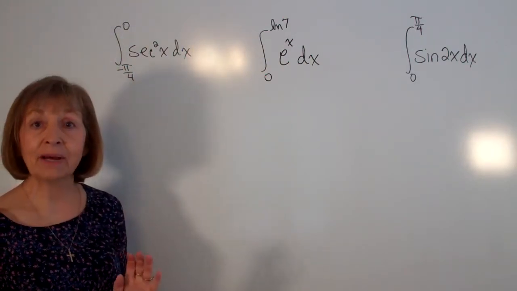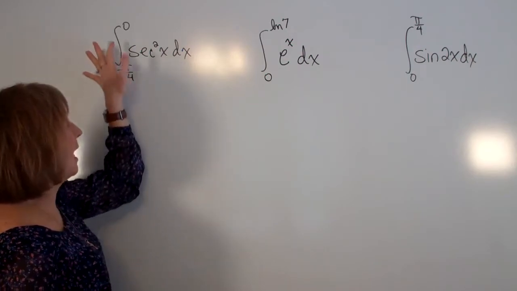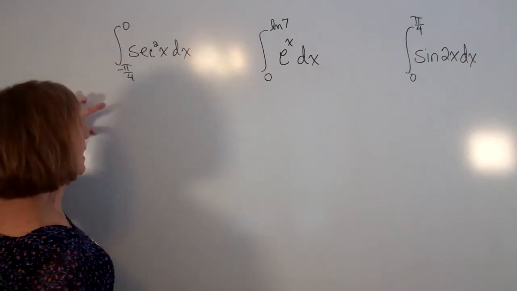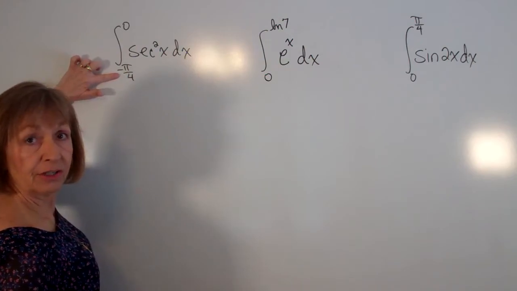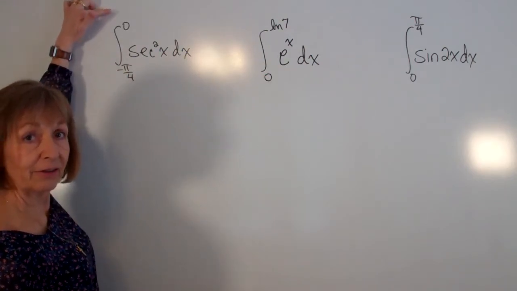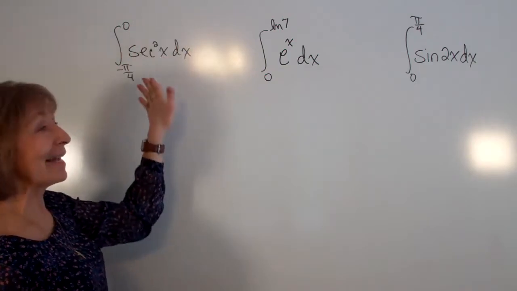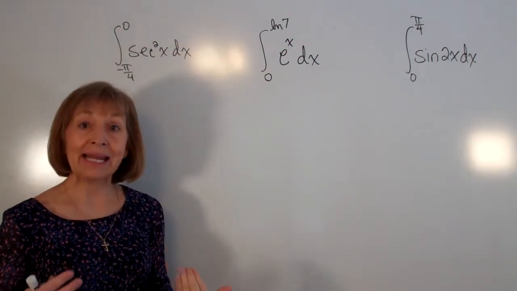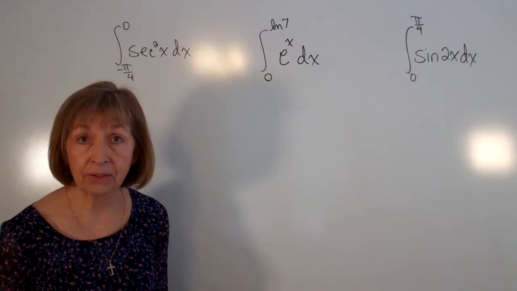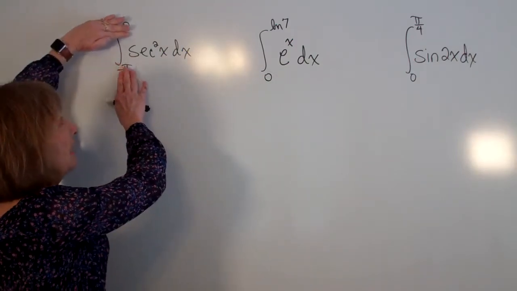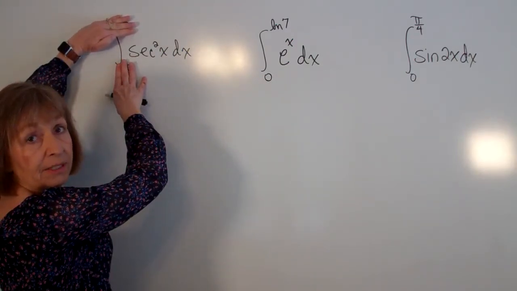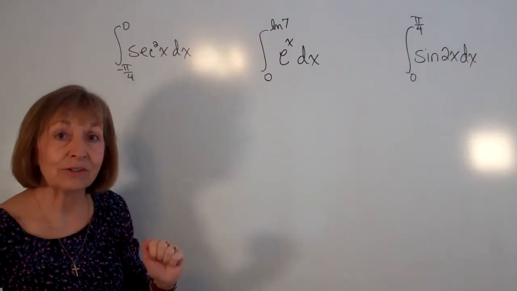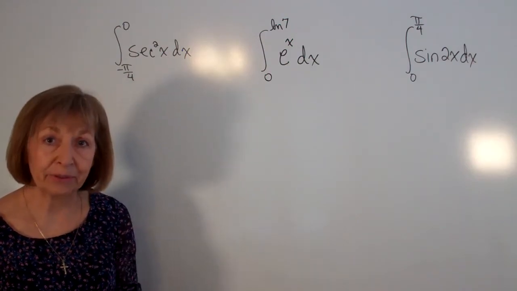When I have my numbers on the integral sign, my lower limit of integration at the bottom and the upper limit of integration on the top, that's a definite integral, and my answer is going to be a number. So remember, an indefinite integral's answer is a family of functions, a definite integral's answer is a number.